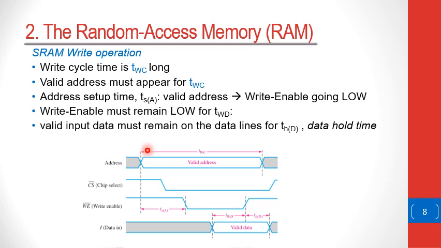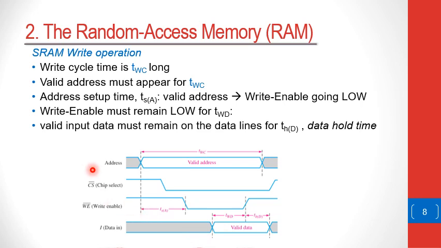TWC simply specifies the length of time over which a valid address must be held so that data can be written into the RAM. And it depends on other durations as shown.